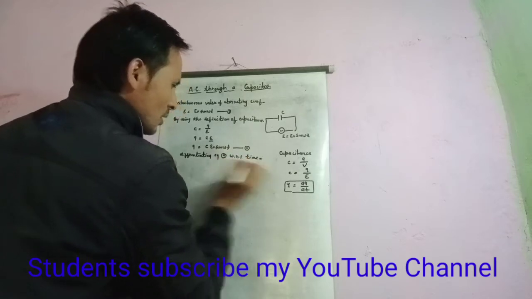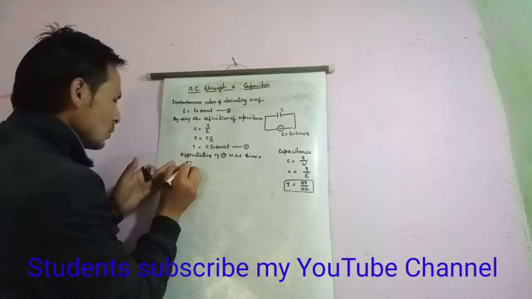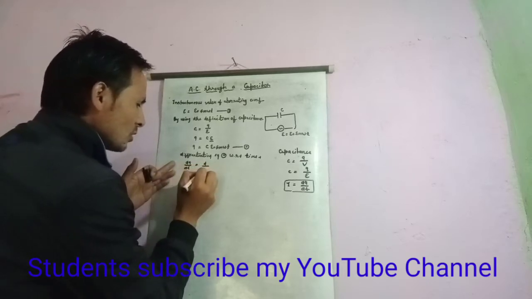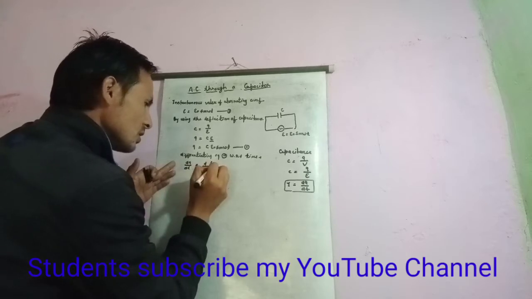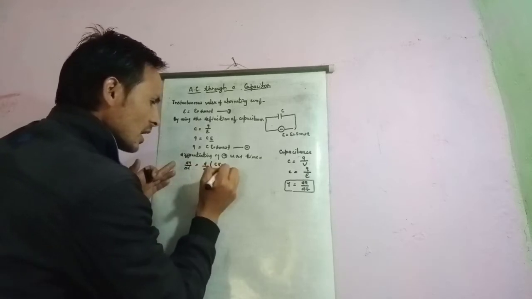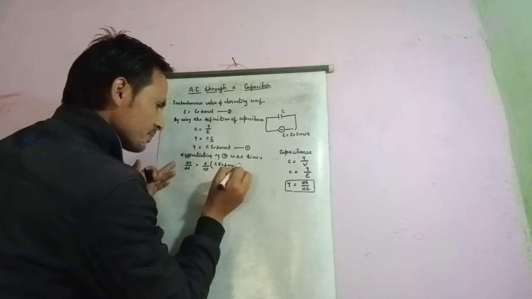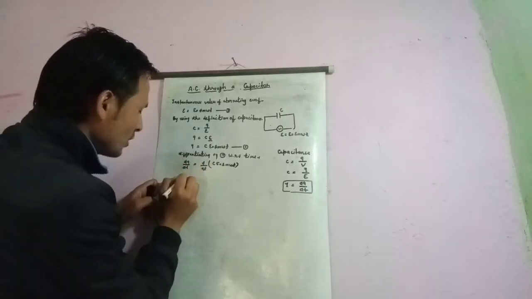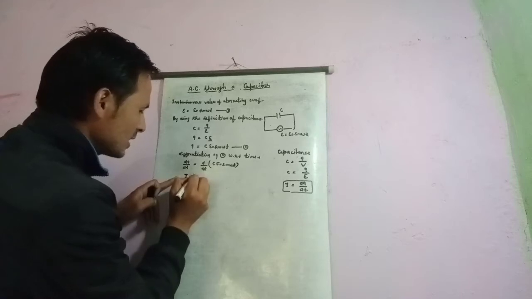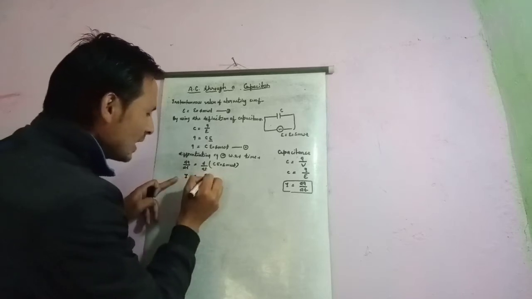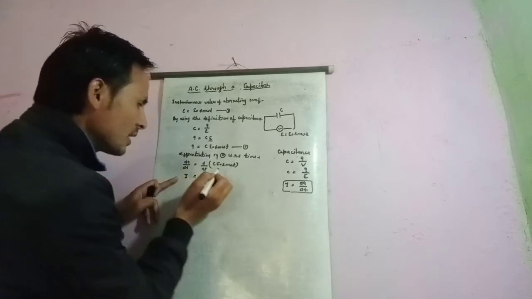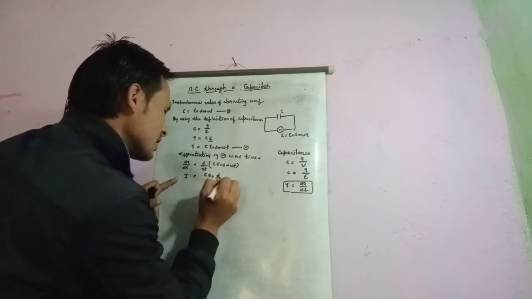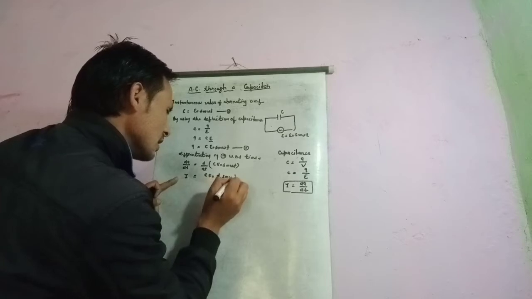So dq upon dt is equal to d upon dt of C E naught sine omega t. The value of dq upon dt is I. Now C E naught is a constant quantity, so we will take this outside. So d by dt of sine omega t.